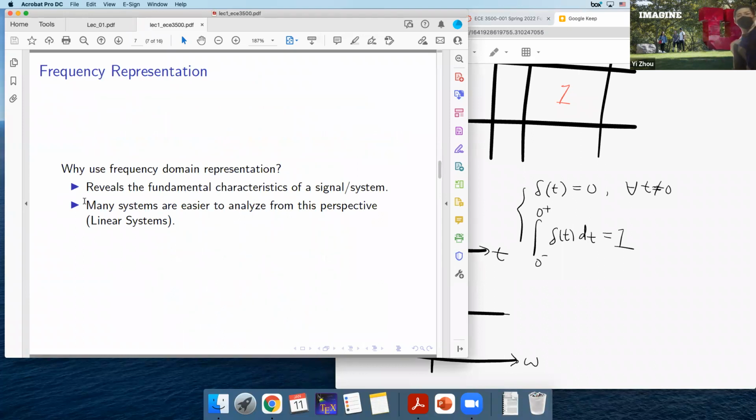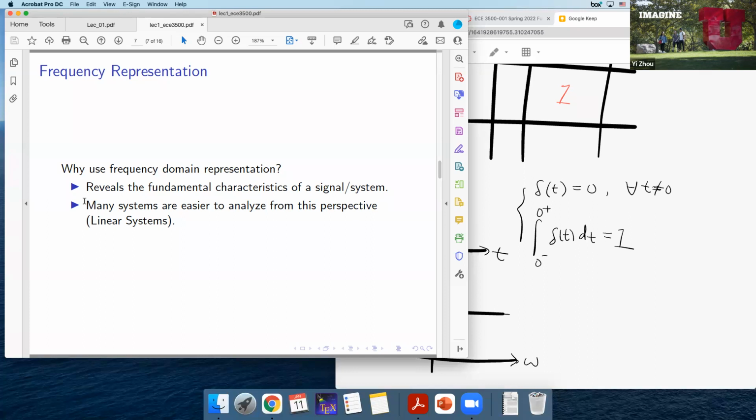Yeah, but in this course, we focus on the Fourier transform as a very important example. When we do a Fourier transform, later on we will be more specific, we are going to transform a signal in the time domain into a frequency domain. So why do we choose frequency domain representation? Because it turns out that many signals have close relations to sinusoidal-like signals.